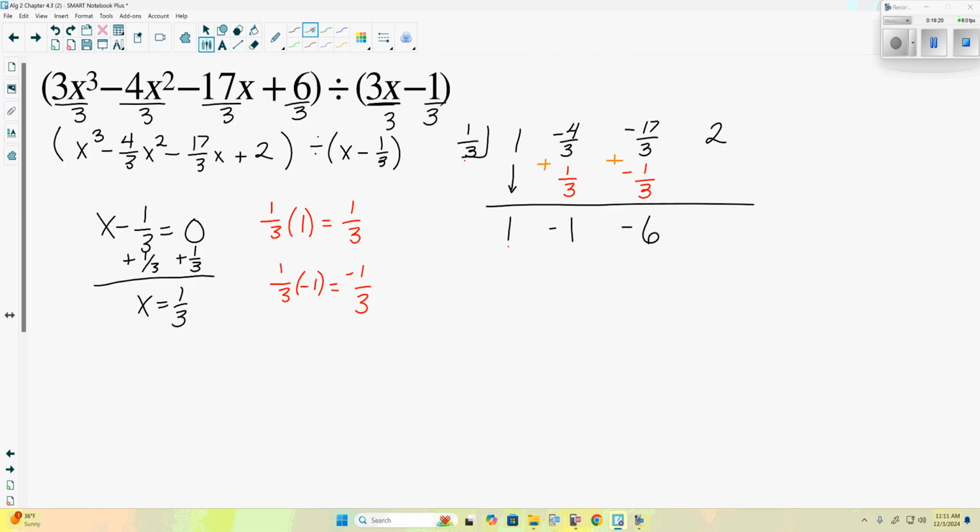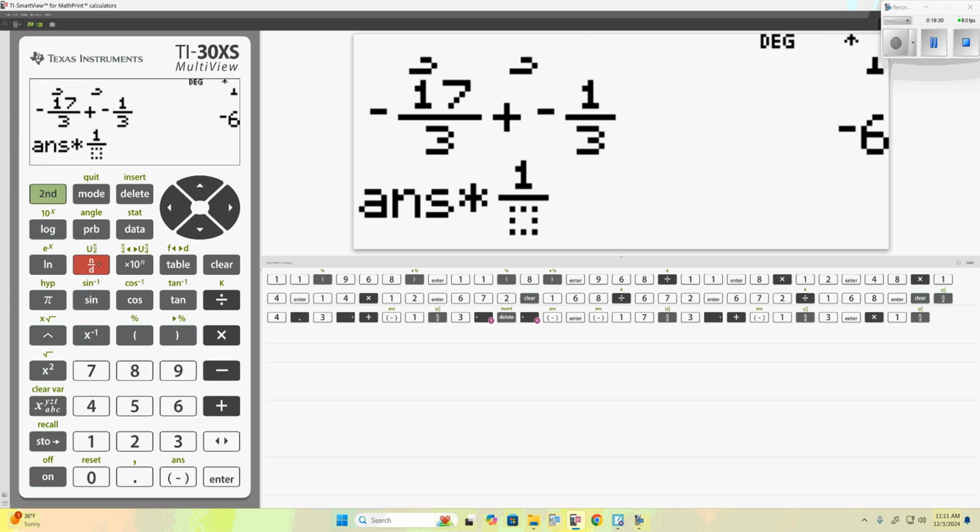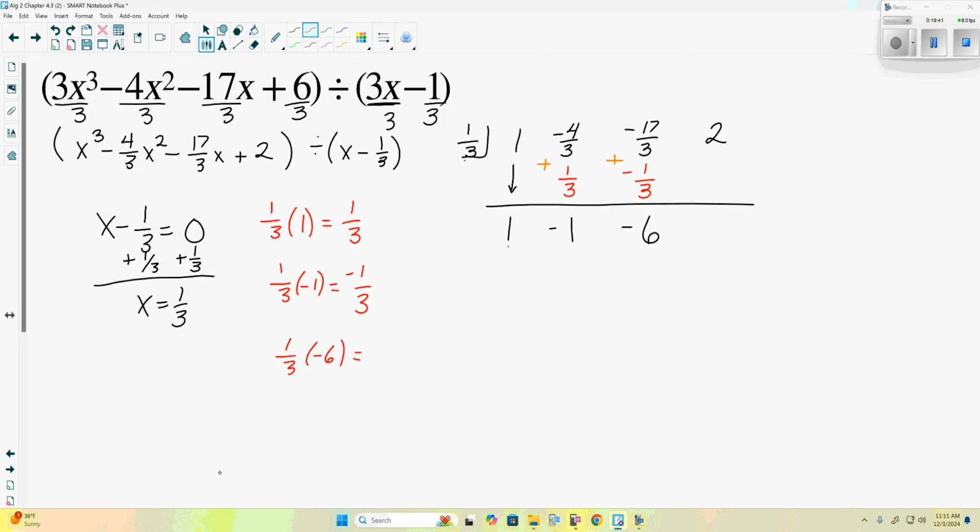And then we're going to multiply again, 1/3 times negative 6. And in the calculator, we could have been doing this each time. 1/3 times negative 6 is negative 2.